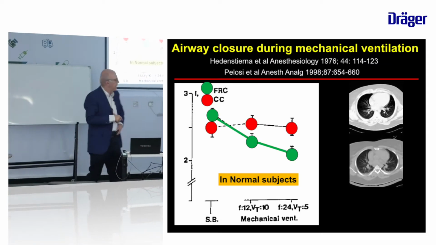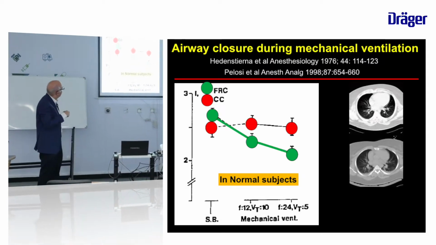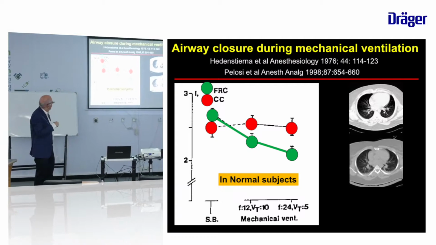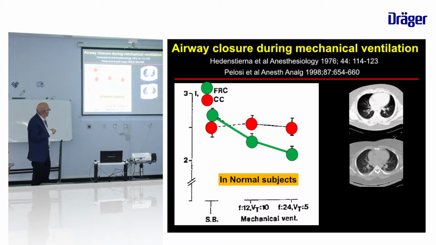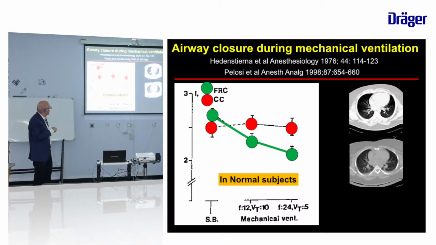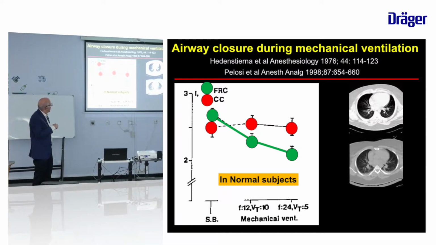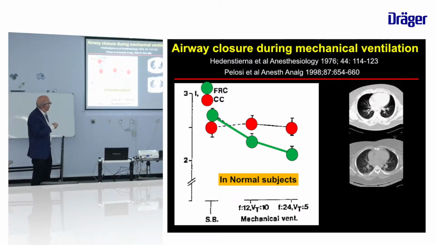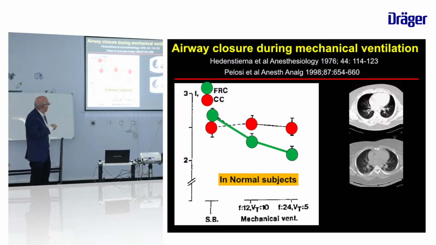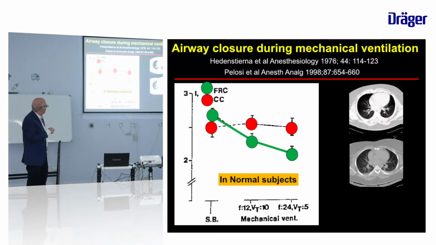And these are the data of the FRC here, in spontaneous breathing or during anesthesia with different types of ventilation. And this is the closing volume. You see that closing volume is higher than the FRC.